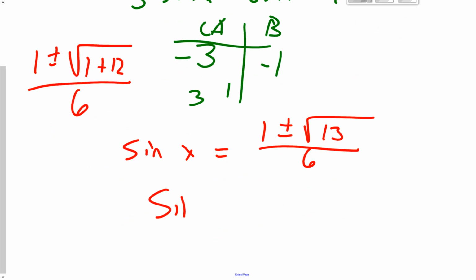So I put that in my calculator, and I'm going to do sine inverse of that answer, whatever that is.